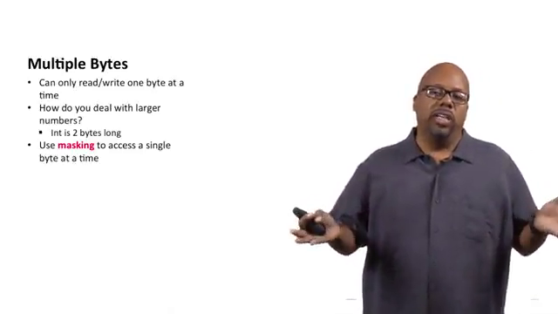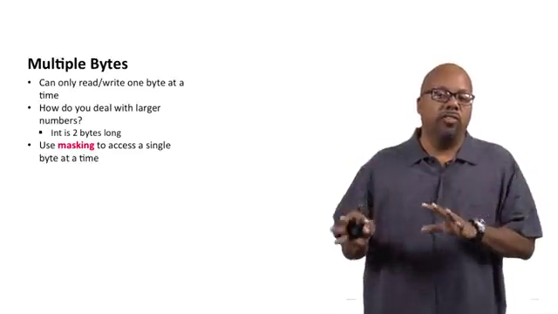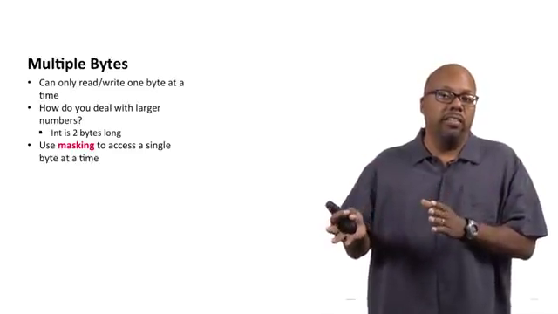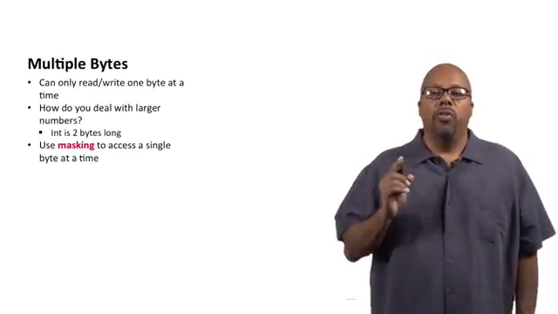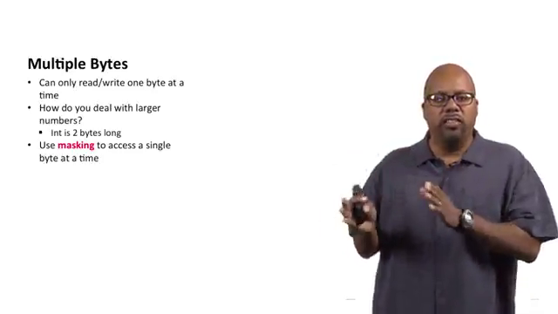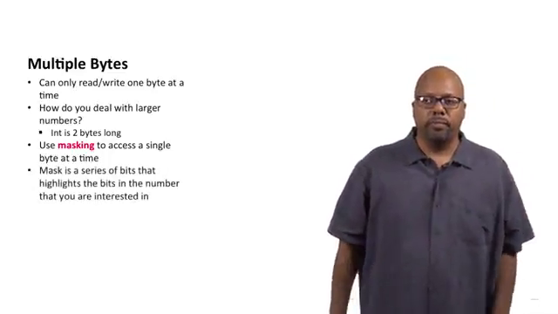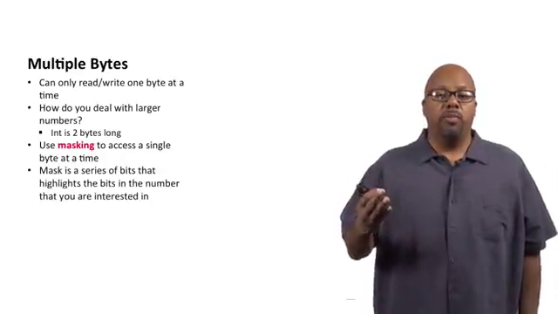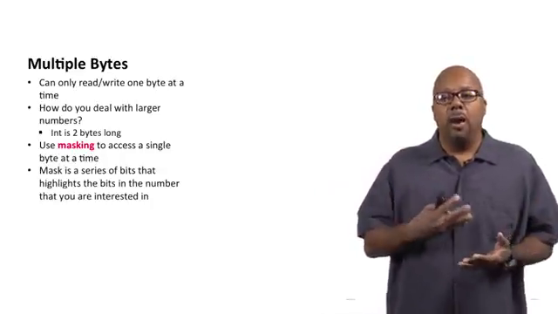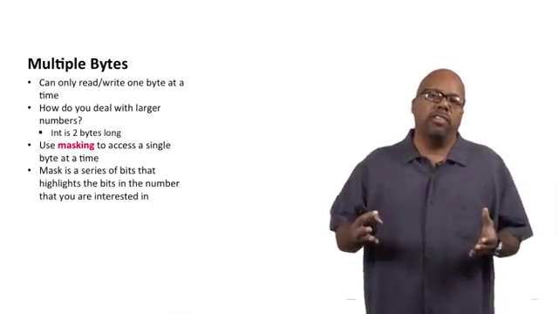If we look at an integer, it's going to be 16 bits long. If we want to focus on the low byte, the least significant 8 bits, we need to ignore the high bits. Masking is a way to say, look, these are the bits we're interested in, and these other bits, ignore them. When you're performing masking, you need to use what's called a mask. A mask is a series of bits that highlights the bits in the number that we're interested in.